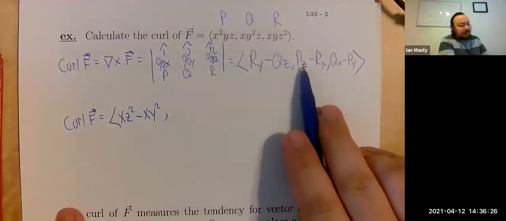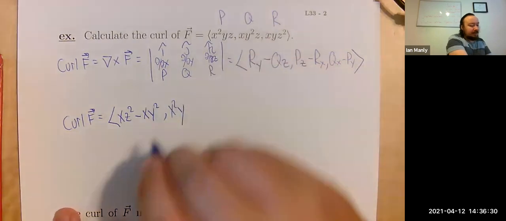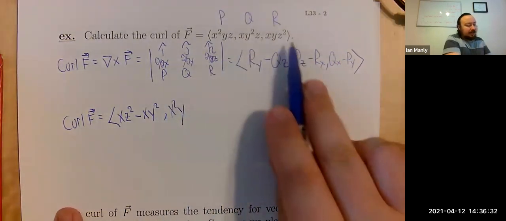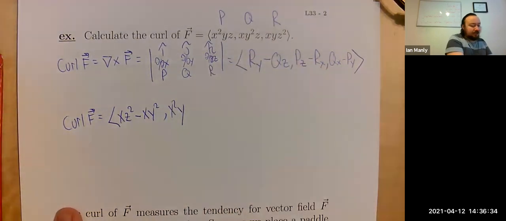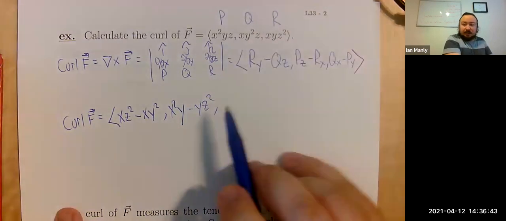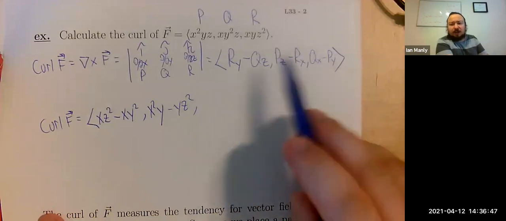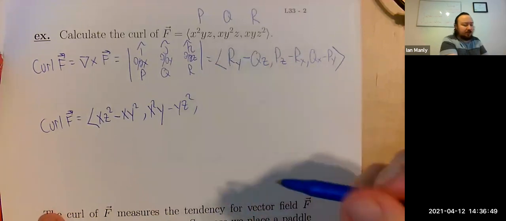All right, next I have P z, which is x squared y, minus R x, which is y z squared. Yeah, no, that's right. And then we have Q x minus P y here. So Q x is y squared z.